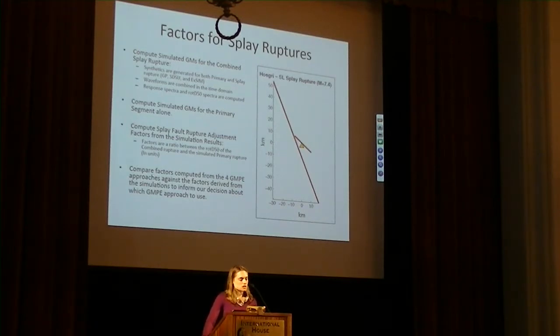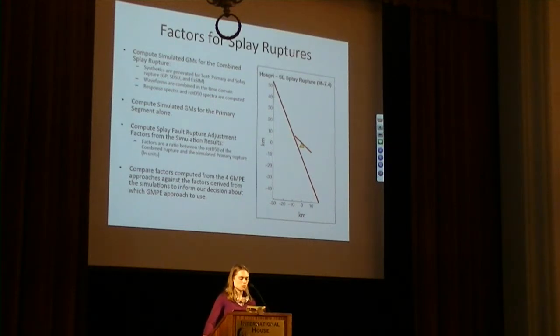Then we compute a ratio. The numerator would be the ROT-D50 spectra for the full splay rupture. The denominator would be the ROT-D50 spectra for the Hosgri results by themselves, and then we get factors. We're going to do this for each of the 4 different GMPE methods.